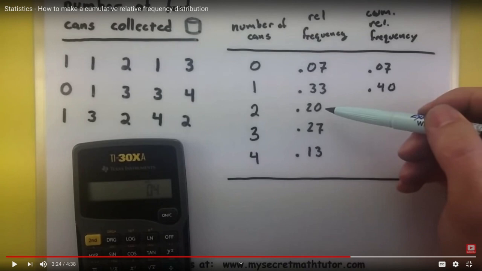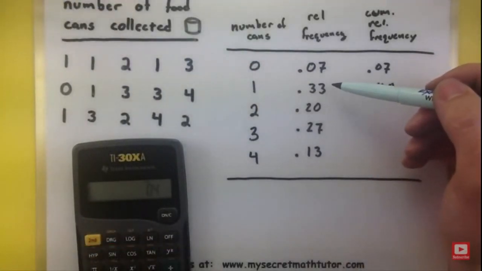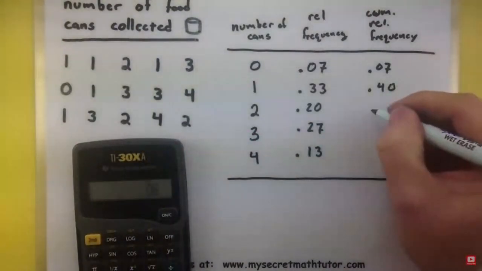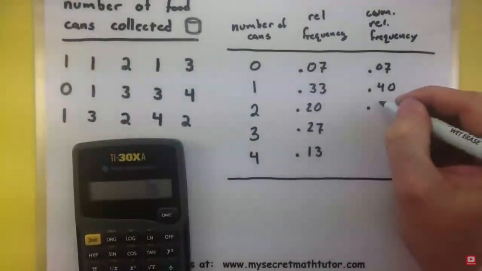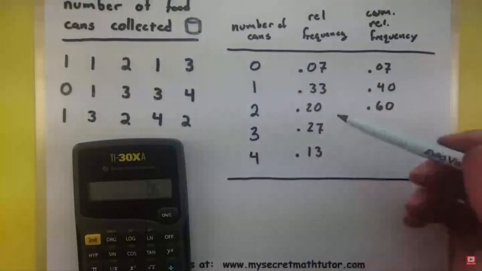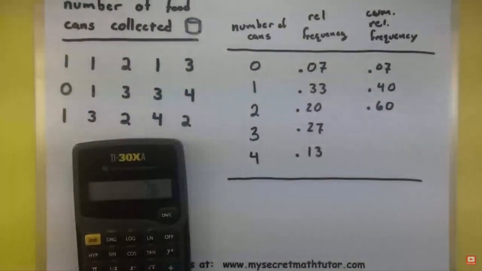All right, so I'm just gonna continue. 0.2 plus 0.33 plus 0.07. As you go along adding different values to your cumulative relative frequency, you can see that you're just adding everything up before that point.